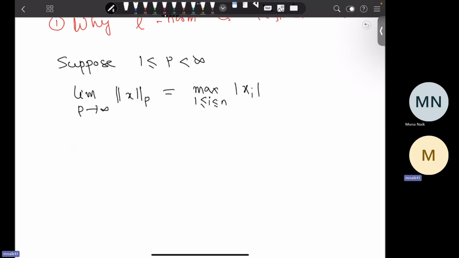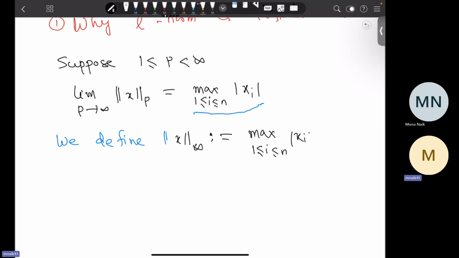Since the limit as p tends to infinity of the p-norm of x is this maximum, we define the norm of x infinity to be the maximum over 1 ≤ i ≤ n of the modulus of xi.